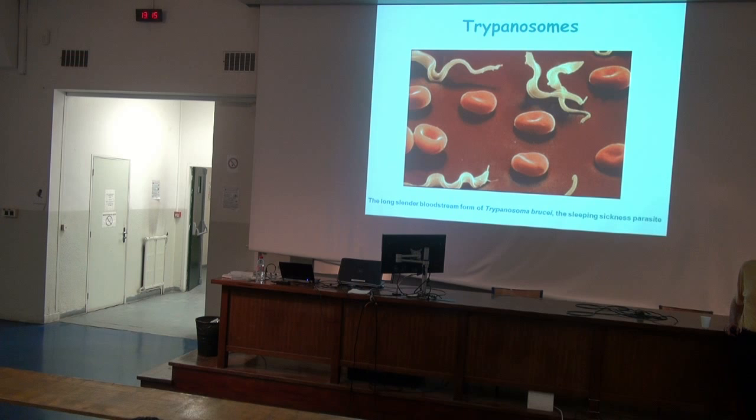Another amazing property of the parasite is that it can cross the blood-brain barrier. Crossing the blood-brain barrier is very, very difficult, even for small molecules. So the parasite is able to do that, and we have no clue how it achieves that objective. So it's a very remarkable parasite in many other ways.